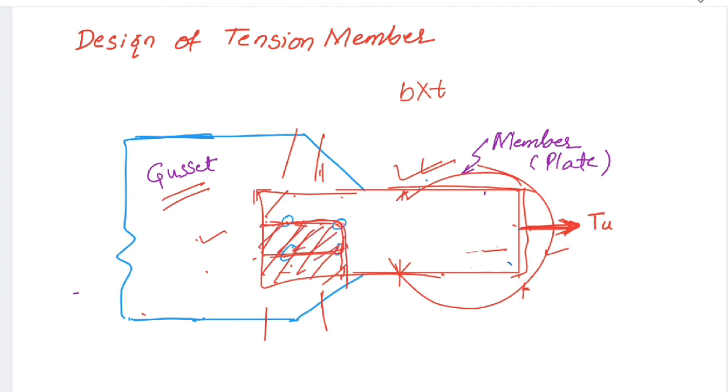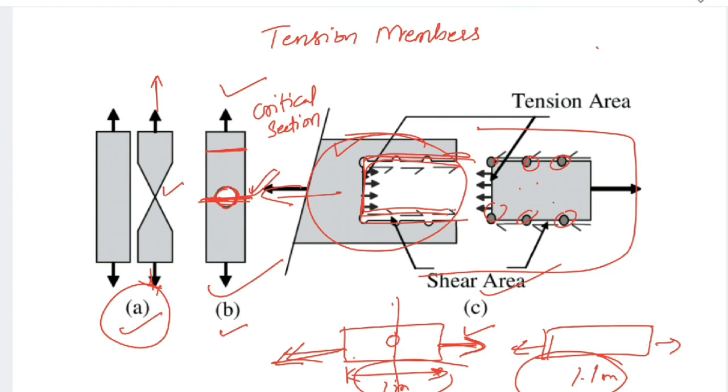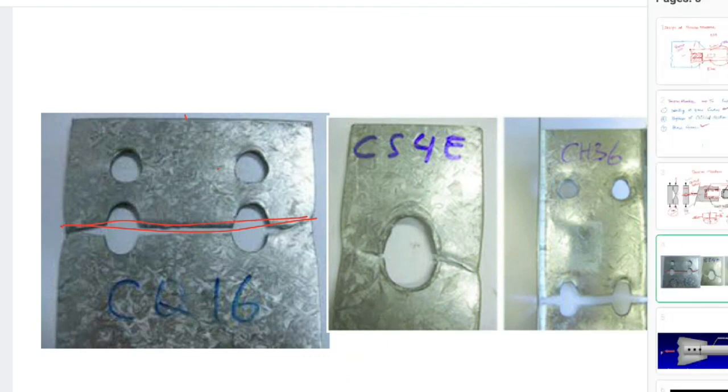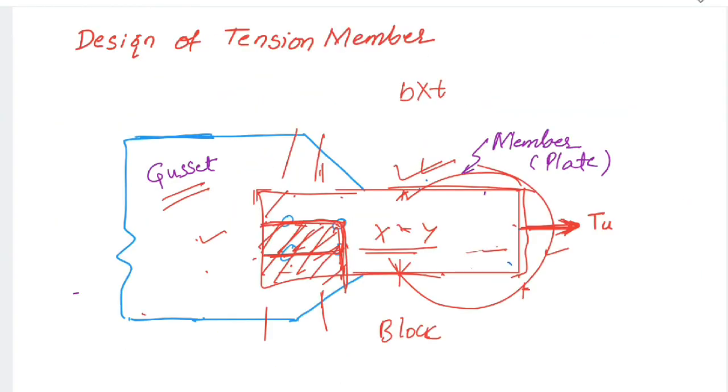This kind of failure in the x and y direction we call block shear. Expansion or elongation we call yielding of gross cross section. Only one direction failure along the line of bolt we call net section rupture, and the third one is block shear. These are the three types of failure in tension members.